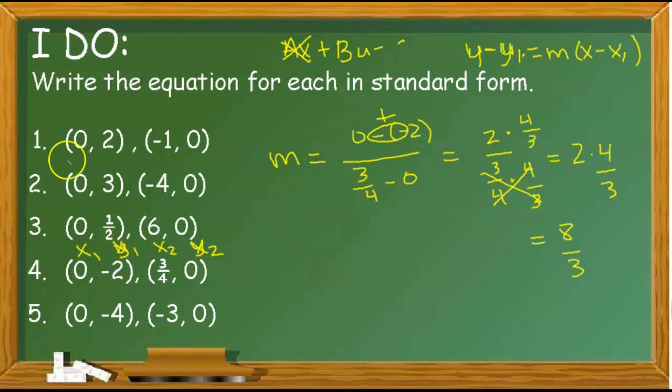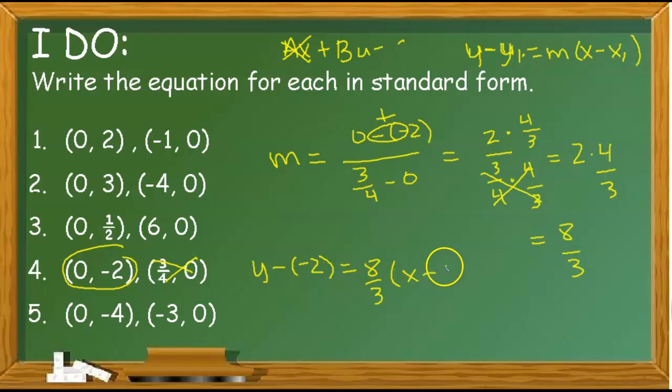Let's go ahead and write my equation on there. I'm going to pick the first one because, again, I don't like dealing with fractions. So y minus y equals my slope, x minus 0 in this case. So y plus 2 equals 8/3 x.